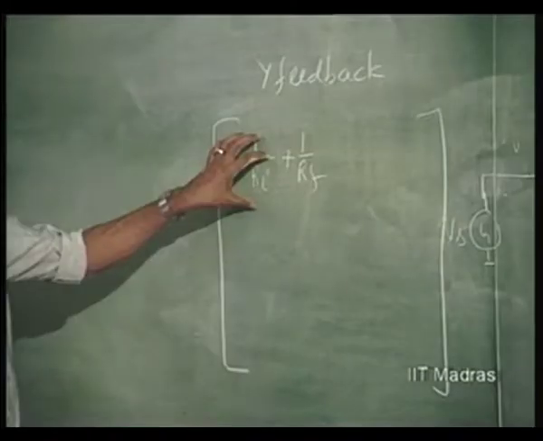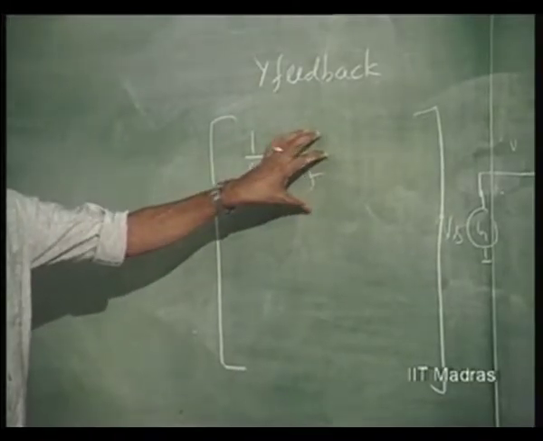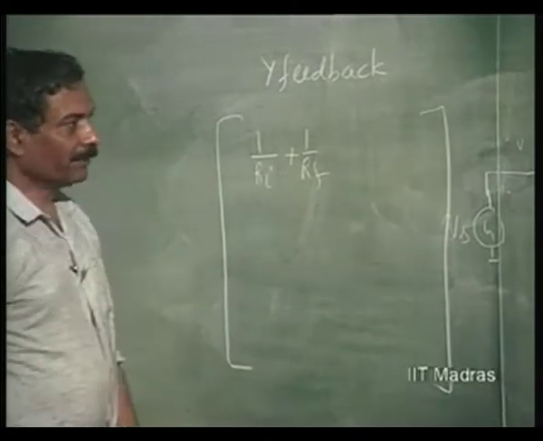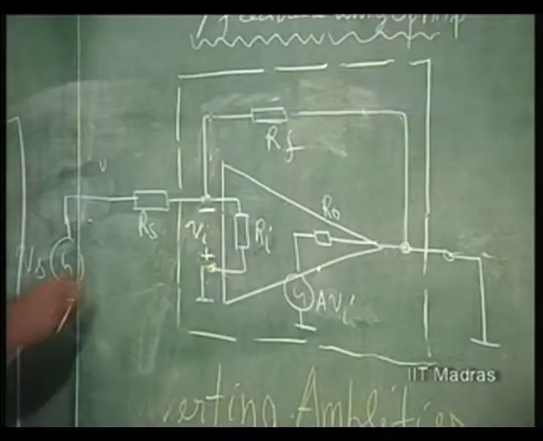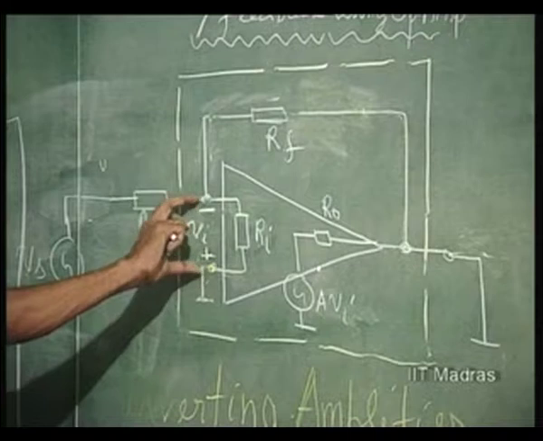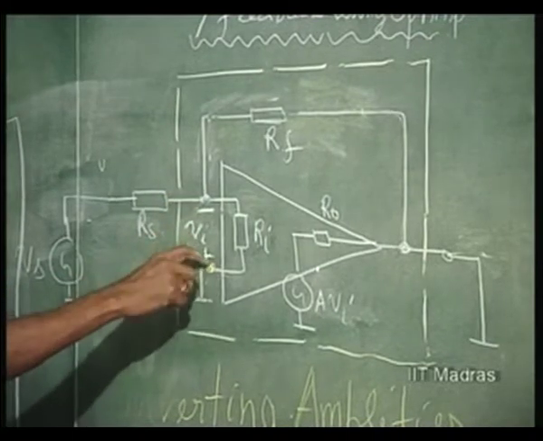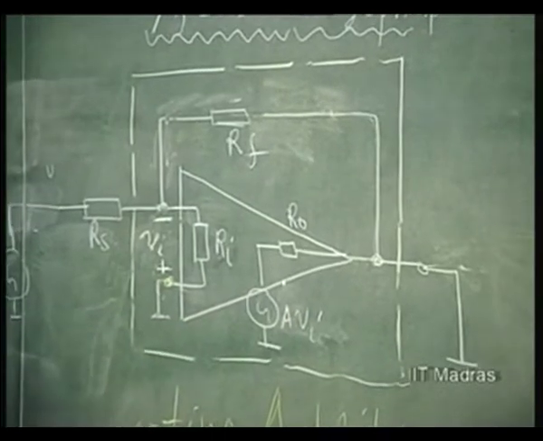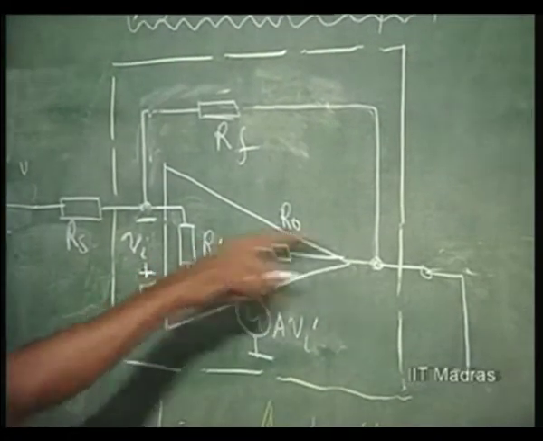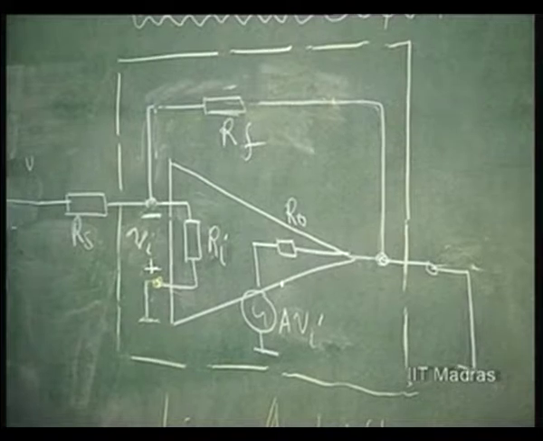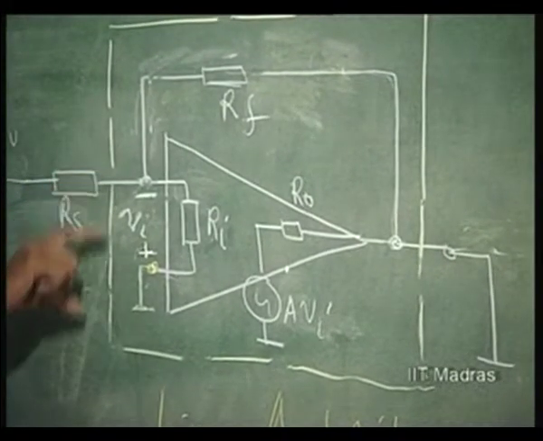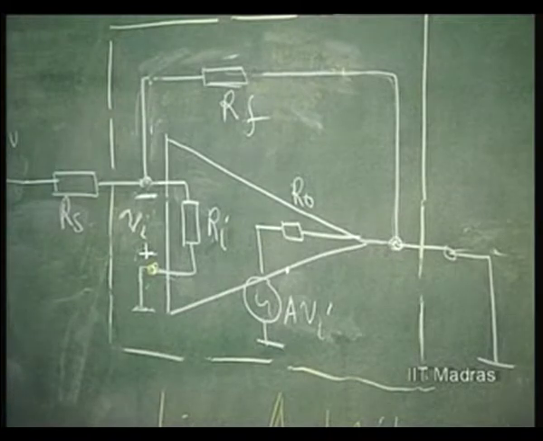This is that of the amplifier, this is that of the feedback network. As far as the forward transfer parameter is concerned, if the voltage is Vi here, A times Vi is the voltage there, and the current is A Vi by R0 that way. But actual input is positive here and negative here. So let us put it that way.